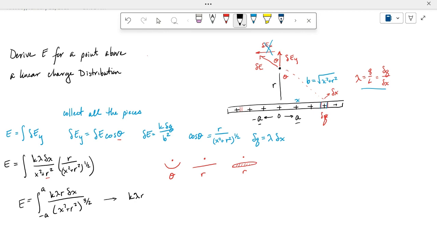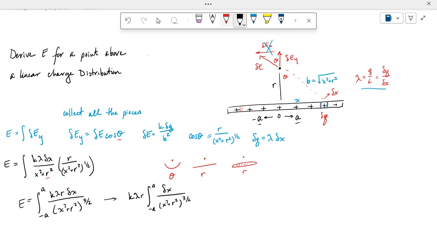So now I'm going to look at what's actually going on here. Between a and negative a, all that's left is dx over x squared plus r squared to the 3/2. All right, now, how do I derive this?